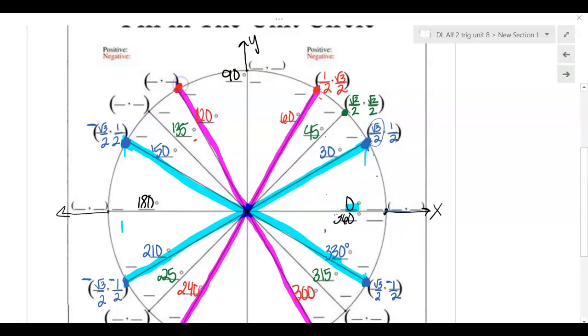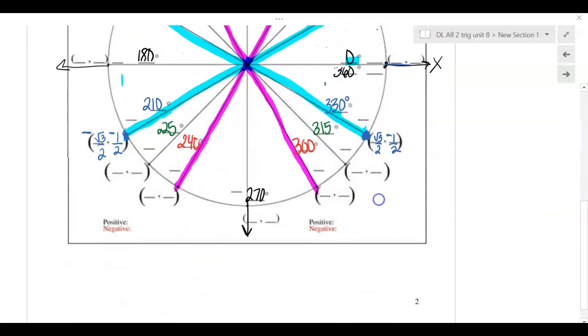So again, to land in the second quadrant, I would need a negative x coordinate and a positive y. To land in the third quadrant, I would need a negative x and a negative y. To land in the fourth quadrant, I would need a positive x but a negative y.